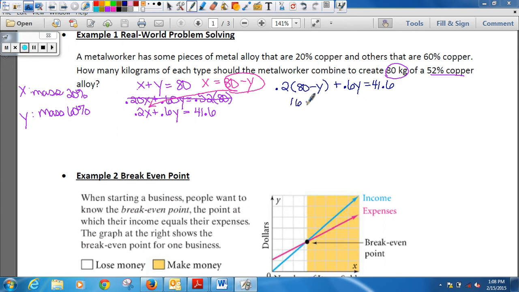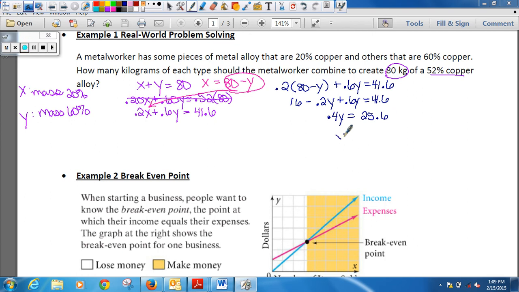I have 16 minus 0.2Y plus 0.6Y equals 41.6. Negative 0.2y plus 0.6y gives me 0.4y. 41.6 minus 16 gives me 25.6.